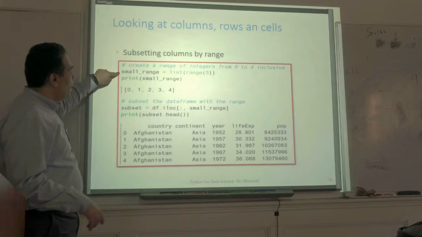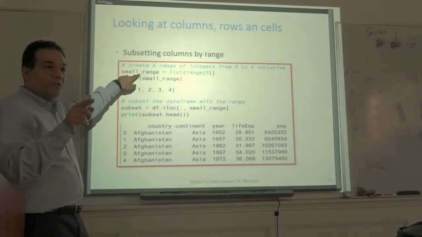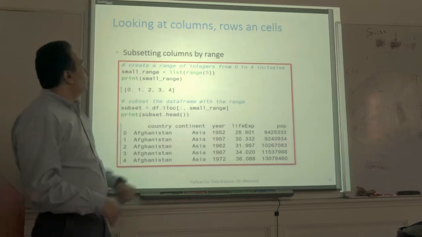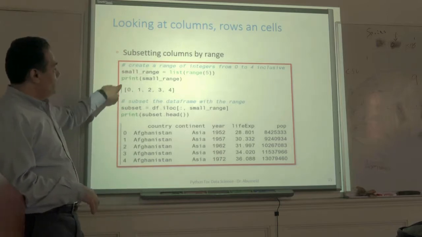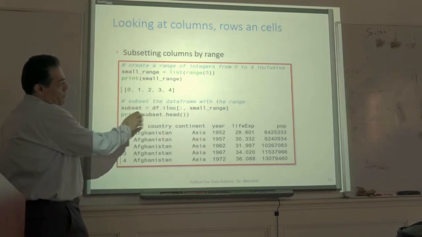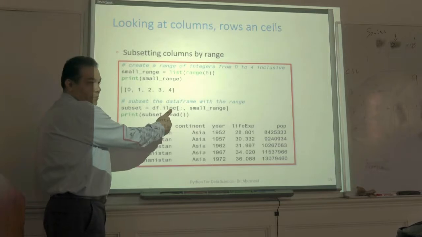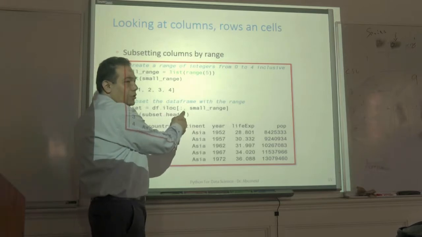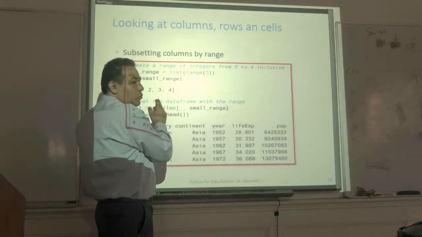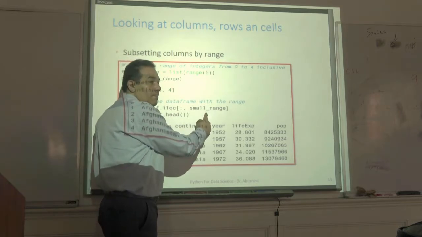So anyways, what do we have in the small range? A list. What is the content of the list? 0, 1, 2, 3, 4, right? So that's what the code does. So print small range, it's a list now, right? So I need to subset, right? So DataFrame.iloc, all right? There is a comma in between. To the left, it will include the rows, and to the right, include what?